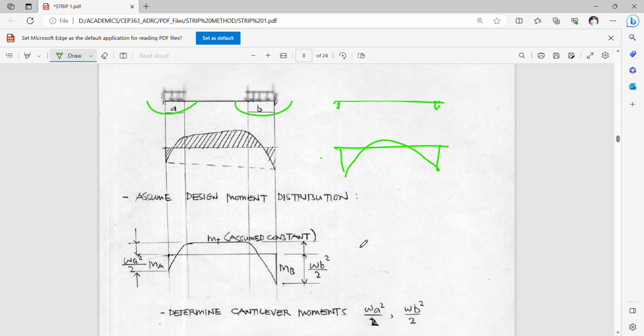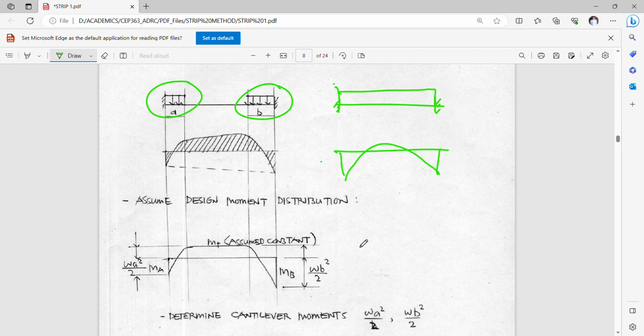So we assume the distribution to be constant. For simplicity, we make this a flatter moment diagram. Of course, whichever is the greater distance from the edge would give you the bigger moment. So if B is greater than A, then this will be bigger.